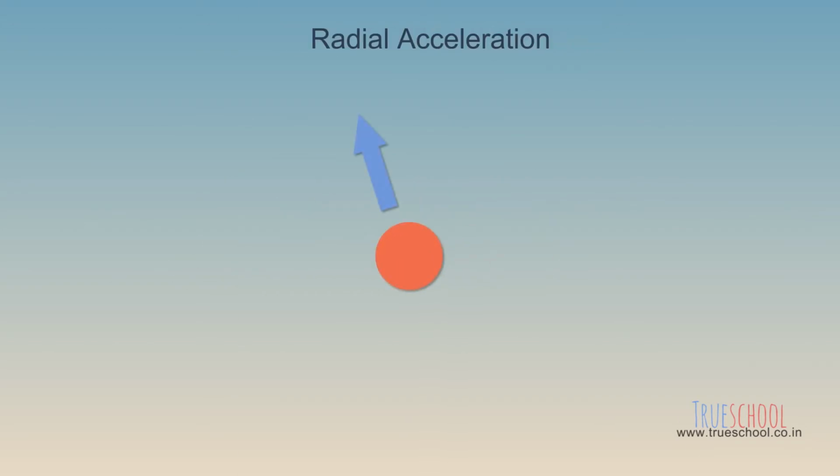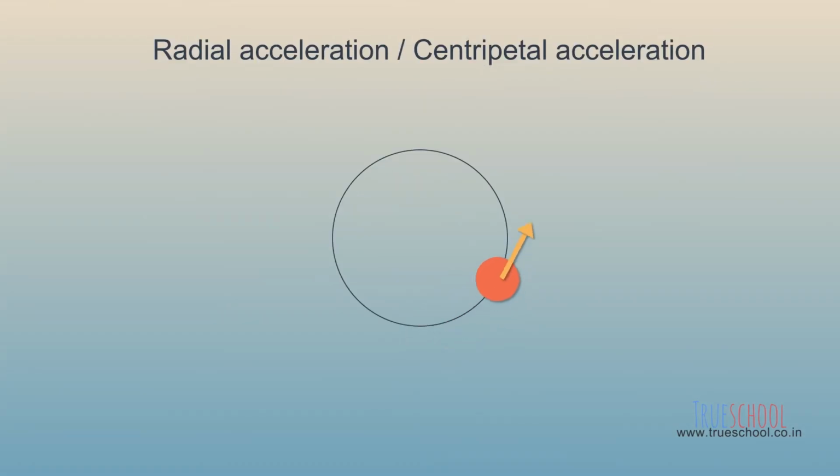But if the acceleration is directed perpendicular to the direction of velocity, it will not cause any change in its speed, but only cause change in its direction, which is precisely what happens when a body moves in a circle with uniform speed. If we consider such a body, though its speed is not changing, its velocity changes with time.